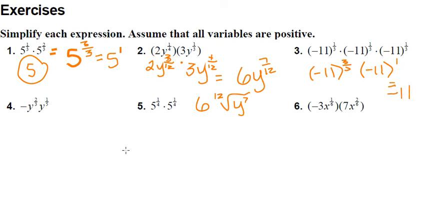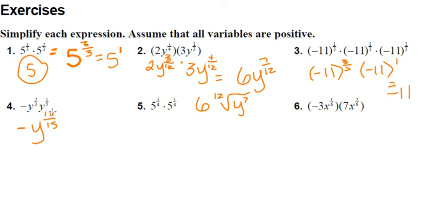All right, continuing along here. So this negative, remember, is applied after the exponent. So I'm multiplying y to the 2/3 by y to the 1/5 and then applying the negative. So this is going to give me negative y, well, 2/3 plus 1/5, we're going to need common denominators again. So we're going to go with 15.